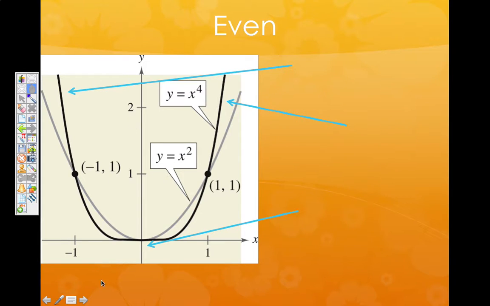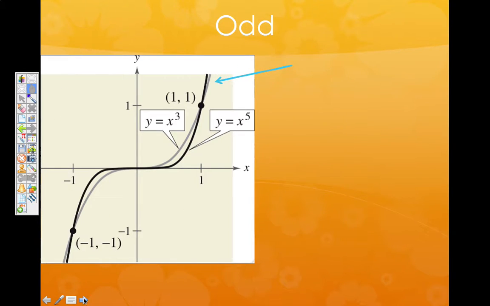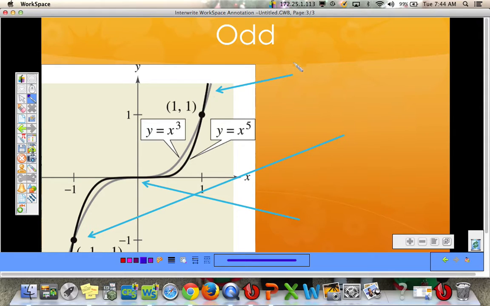Let's look at odd. So in an odd function, the higher the odd power, the steeper it becomes. And again, it flattens out where x is 0. We can talk about end behavior here. As x approaches negative infinity, all it means is it's going to the left, the graph goes down.